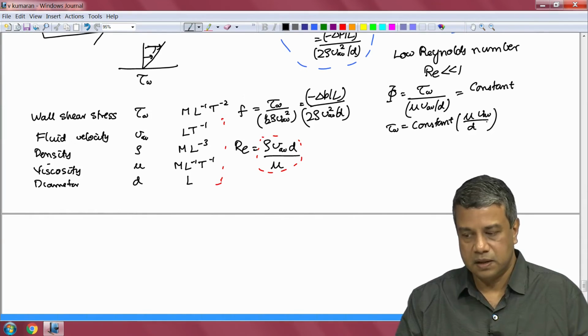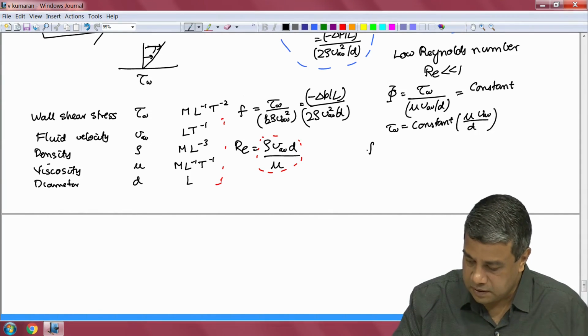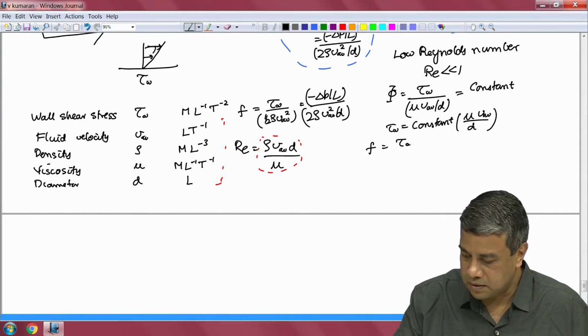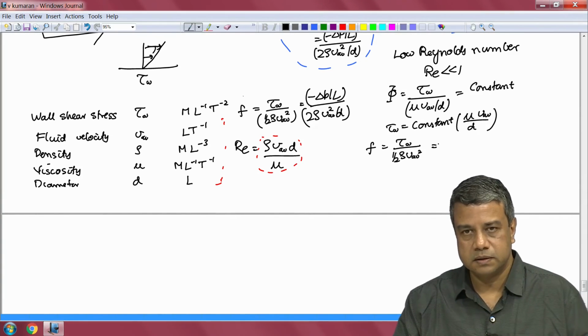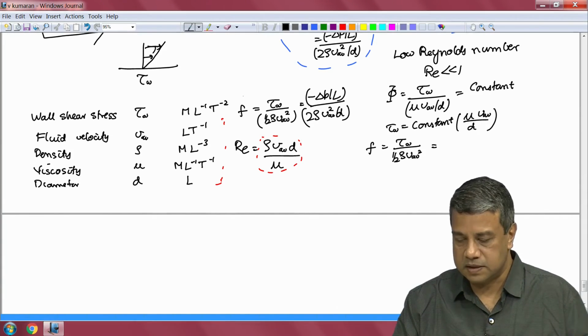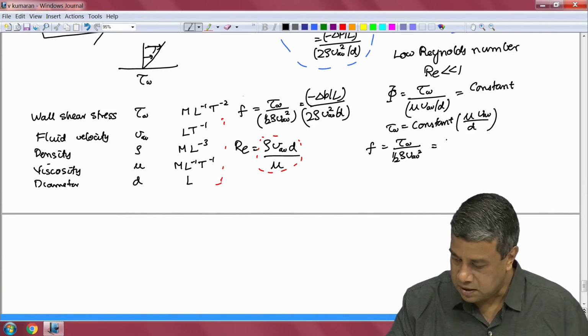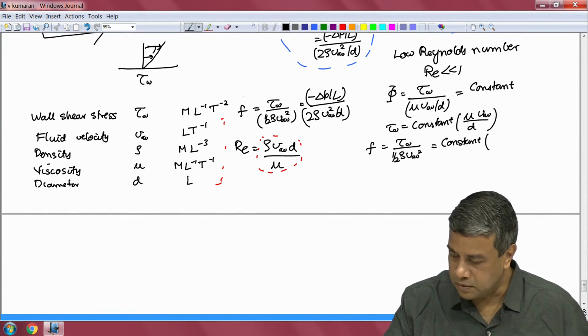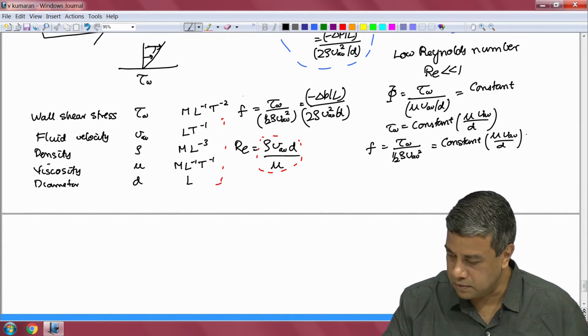And therefore, the friction factor, which is tau_w by half rho V_av squared, the friction factor, which is scaled by the inertial scale, has to be equal to a constant times mu V_av by d times 1 by half rho V_av squared.